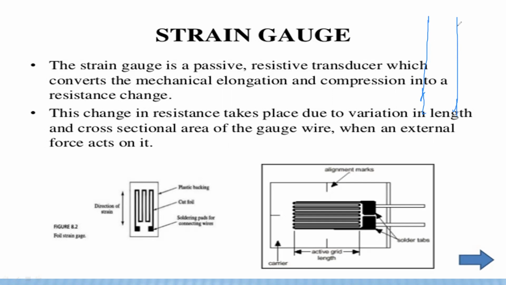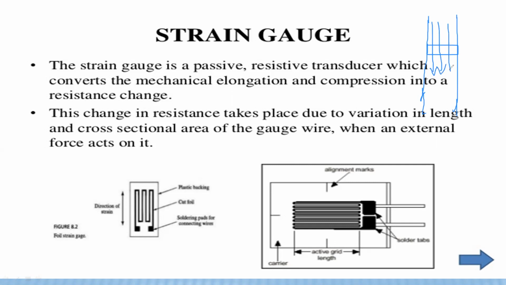In one particular area, suppose it is a weak area or a strong area, I am fixing this strain gauge setup. This strain gauge setup is very small in size, and it is fixed in this particular area while the vehicles are running on the road.